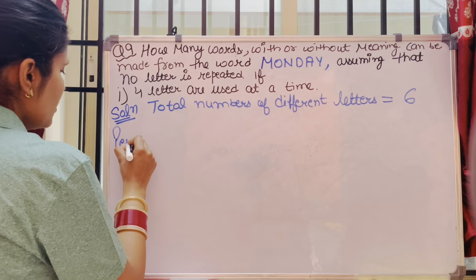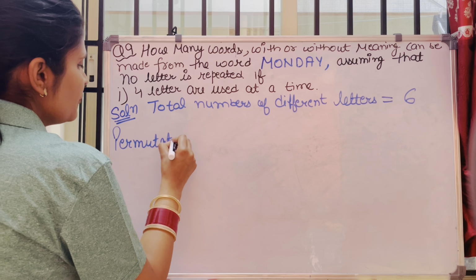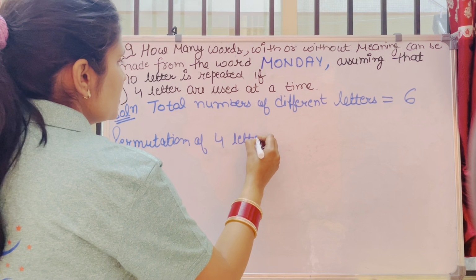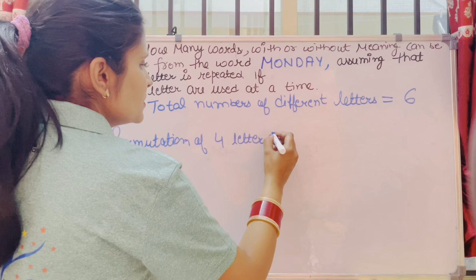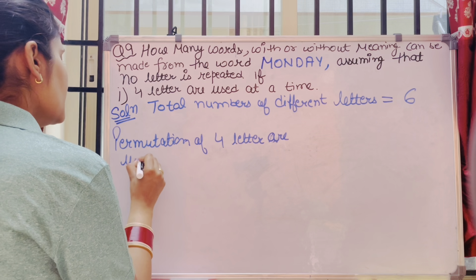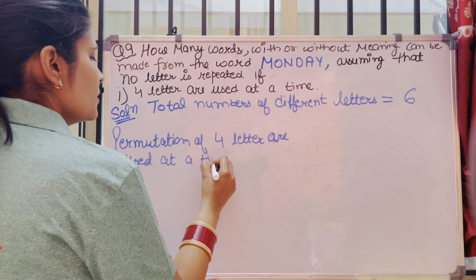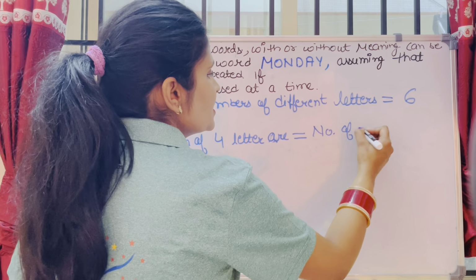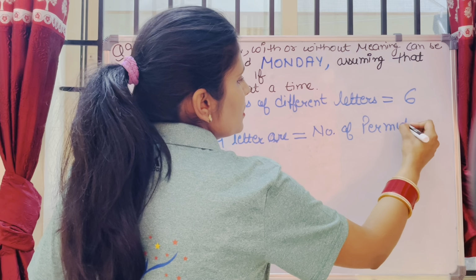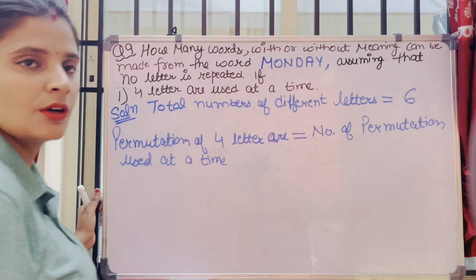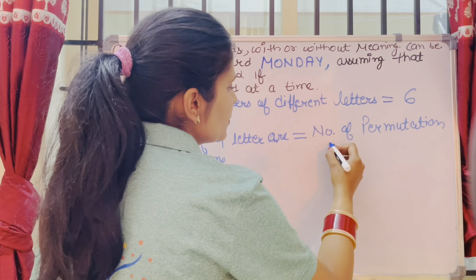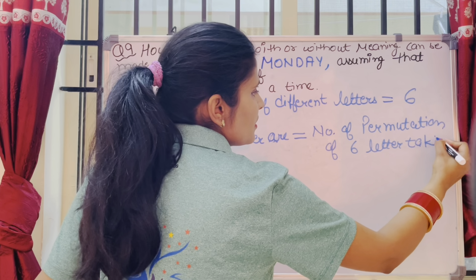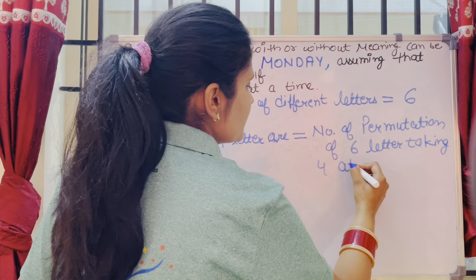So we have to find the arrangement or permutation of 4 letters used at a time. So the number of permutations of how many letters? Total number of permutations of 6 letters taking 4 at a time.